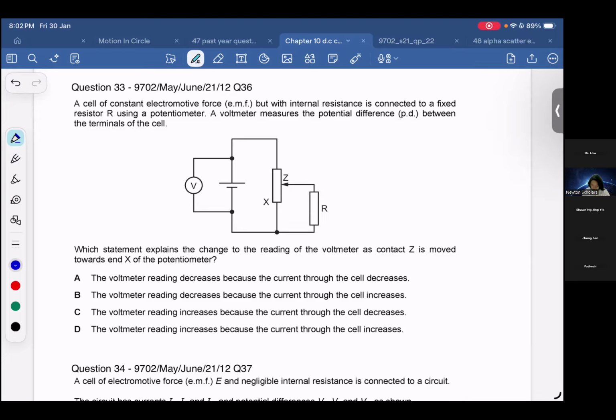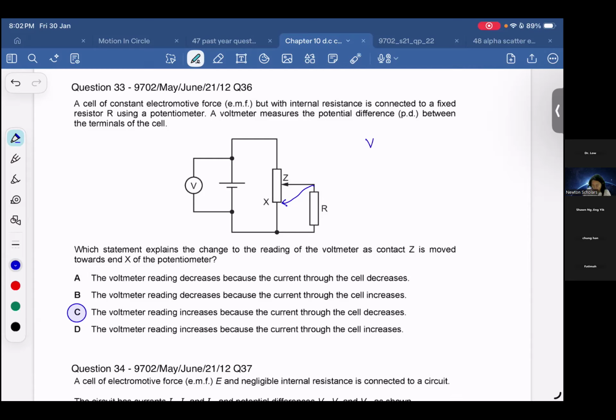Which statement explains the change to the reading of the voltmeter as the contact Z is moved towards the end X? Okay, so the answer for this question is C. Voltmeter reading increases because the current through the cell decreases.